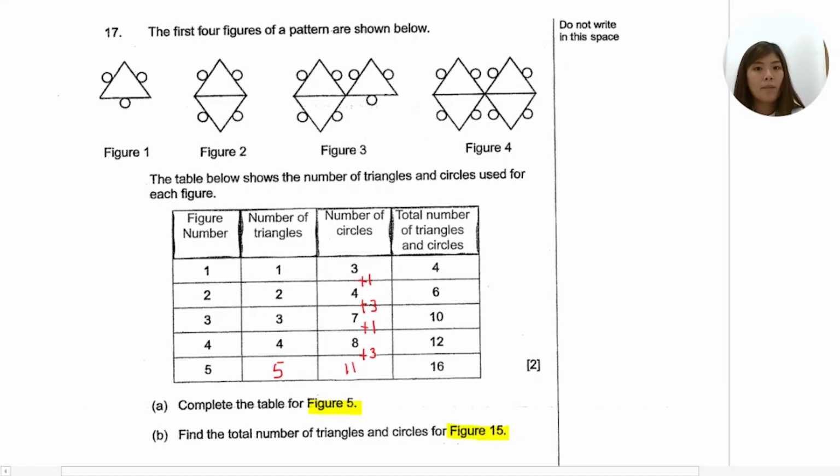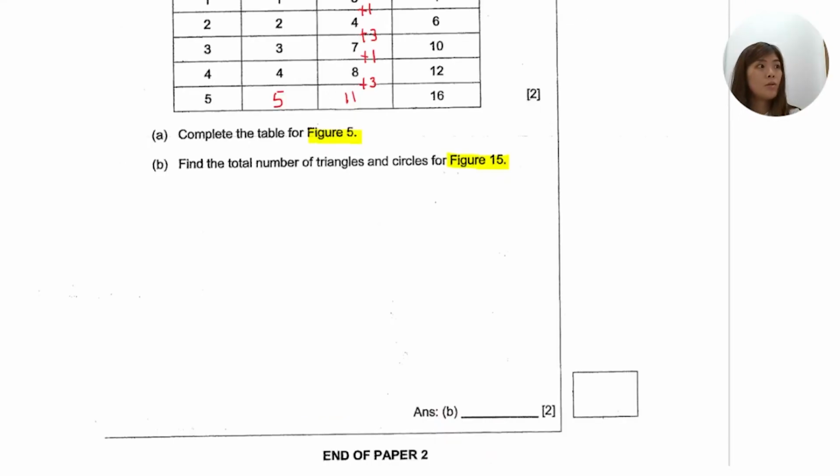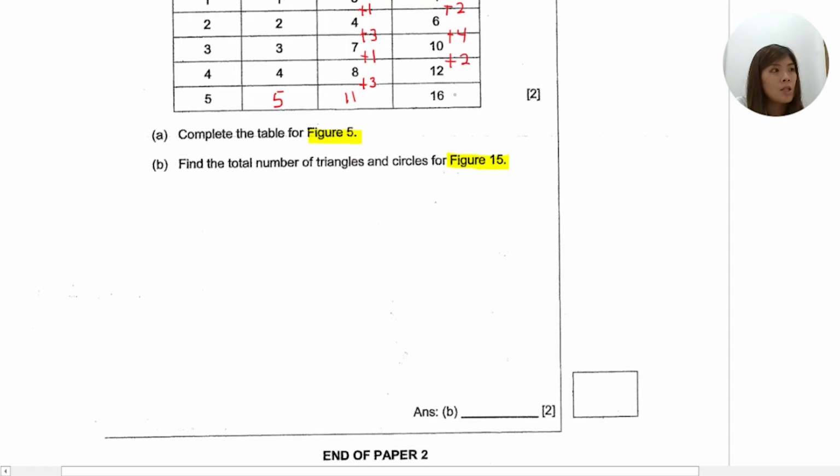Okay, so for part B says find the total number of triangles and circles for figure 15. Okay, so for this, right, here you also plus 2, right, then here you plus 4, here you also plus 2, here you also plus 4.